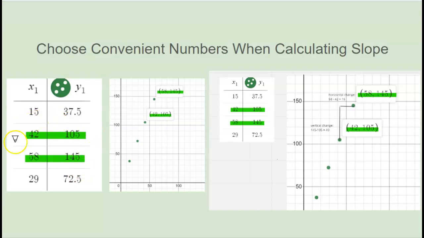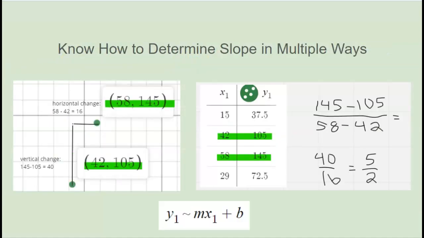So you can choose to use the points that do not have tenths or hundredths, decimal numbers behind the integer. So choose convenient numbers.